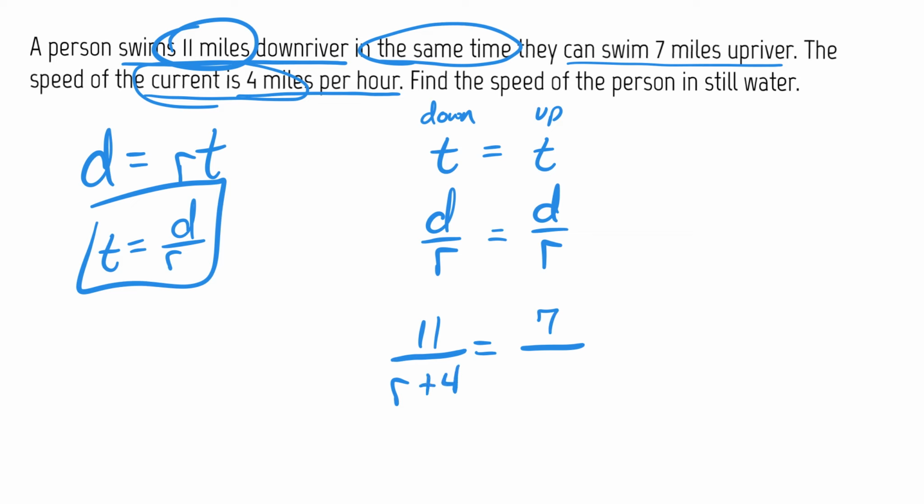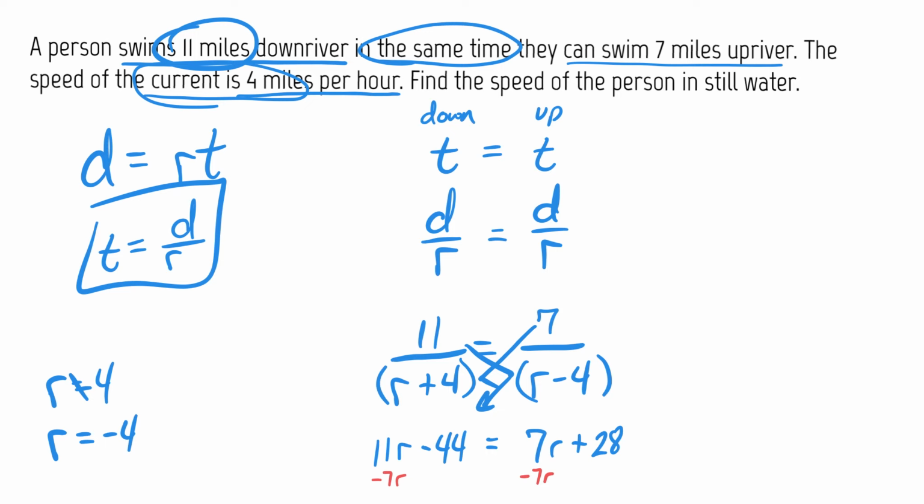Most of the time when you do these rational expressions, where you move them is pretty self-explanatory. It makes much more sense to move the r over here. That way we'll have a positive number for r. And it makes more sense to move the 44 over there because now we have a positive 72.